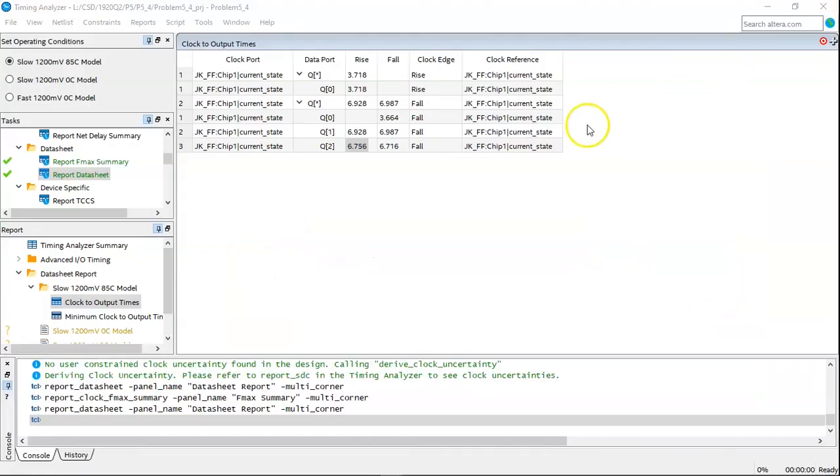And finally, if you like to inspect the timing analyzer, you see that from the first chip clock to the output, it takes 3.7 nanoseconds, and from the same clock to the other output, for example the Q2 or the Q1, it takes more or less double that, 7 nanoseconds. This is because the system is not synchronous.